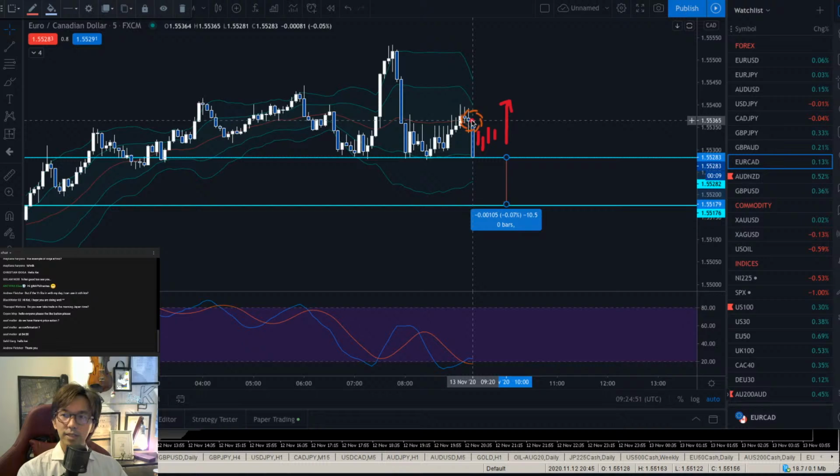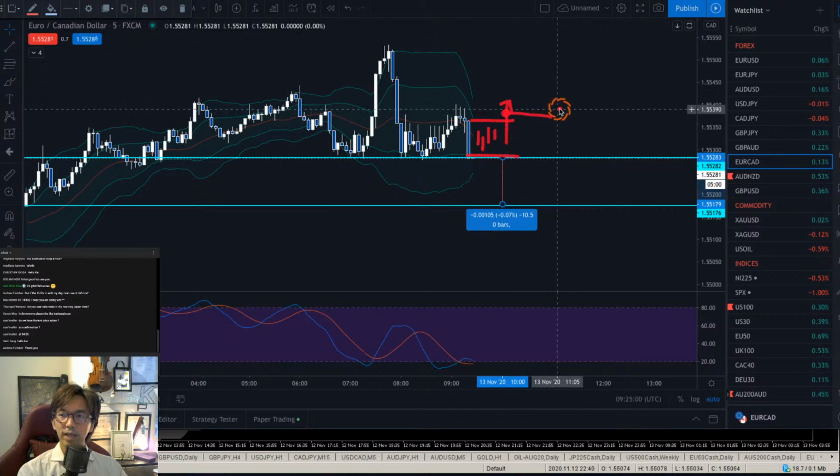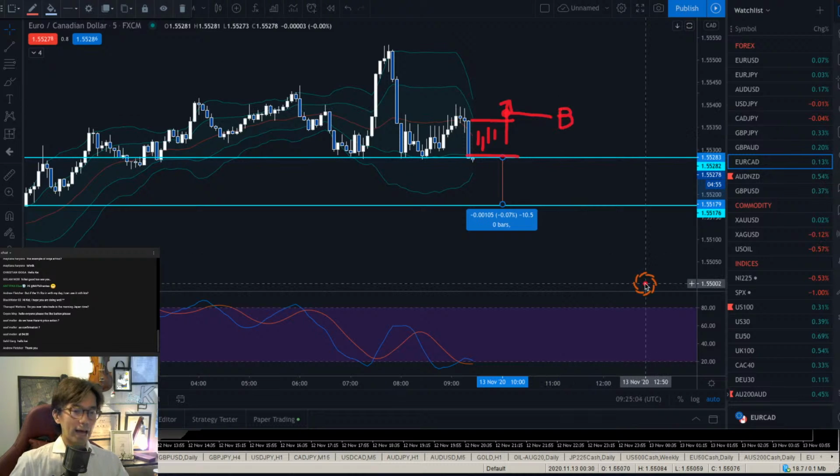In this case, this is the inside bar, and at the break, this can be one of the confirmations to buy from here at this breakout.